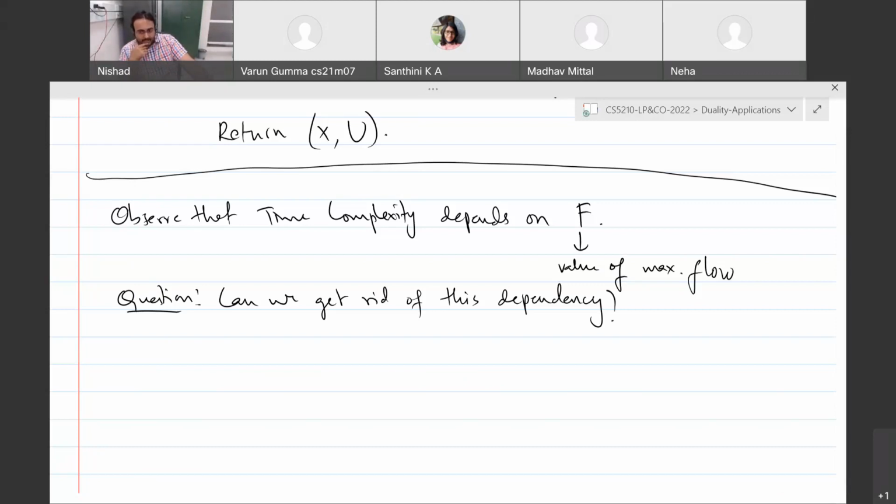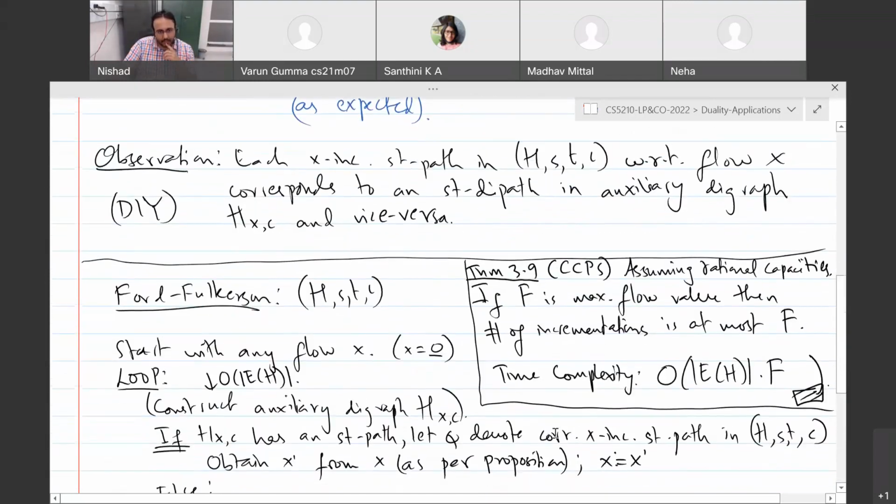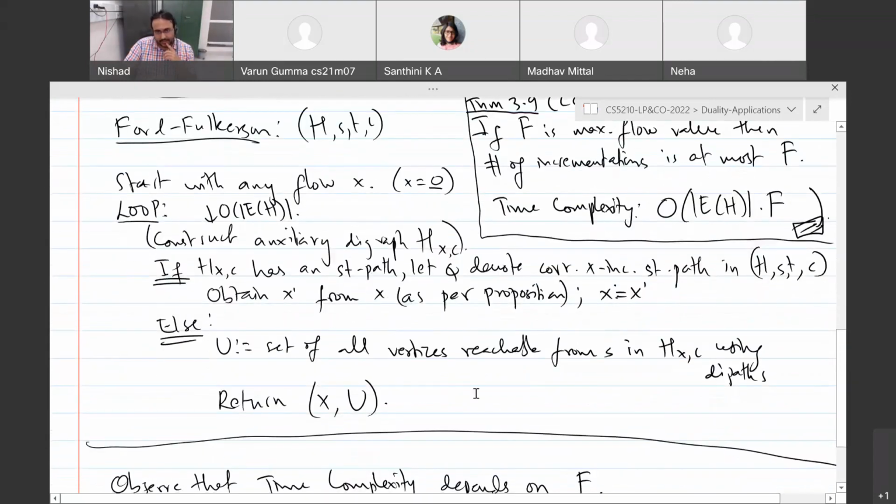So the answer is yes, but I'm not going to cover this. I'm just going to tell you how you do it, but I would rather cover other things in this course in the remaining time that we have. So it's a famous algorithm called the Edmonds-Karp algorithm. The algorithm is very simple once you know the Ford-Fulkerson algorithm. It simply says, rather than choosing any ST-dipath in your auxiliary digraph, you choose a shortest ST-dipath.